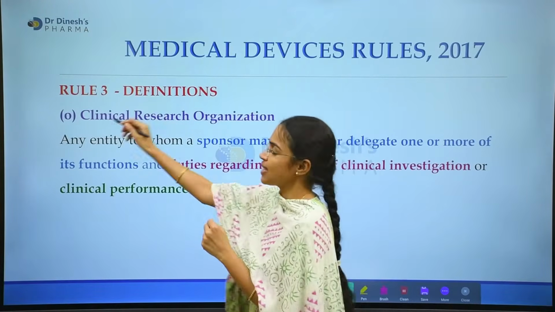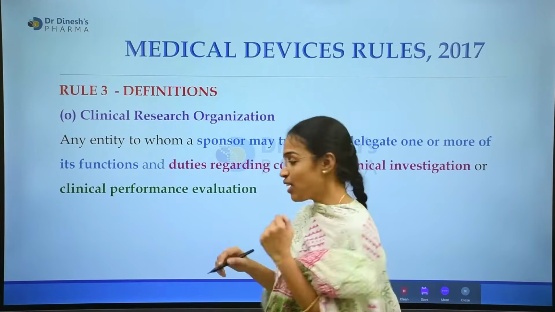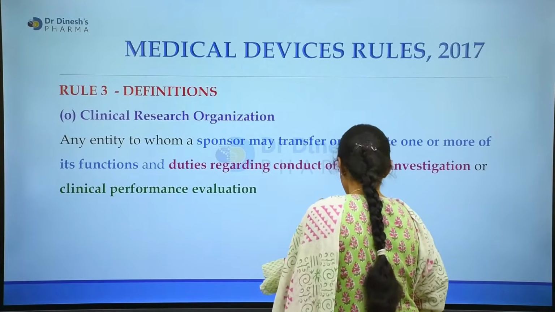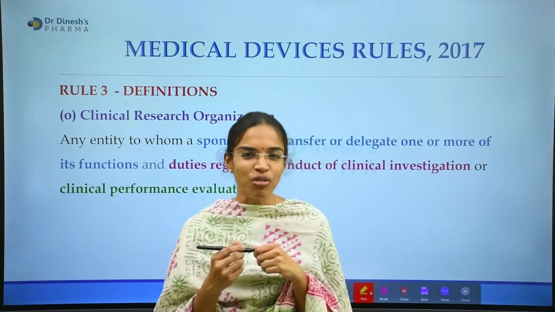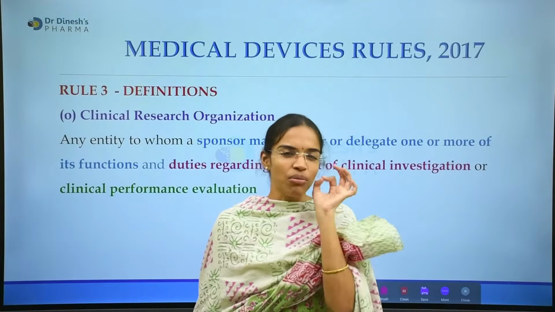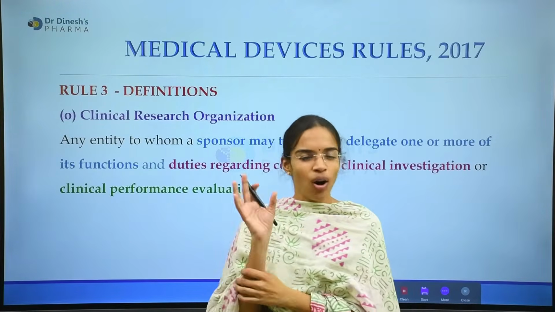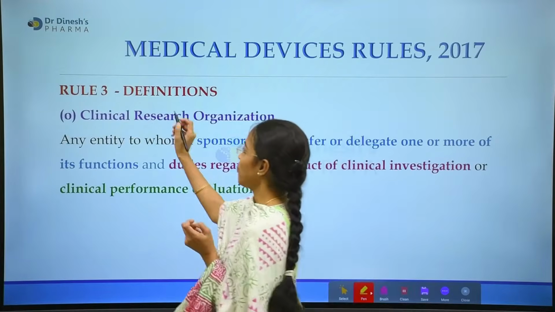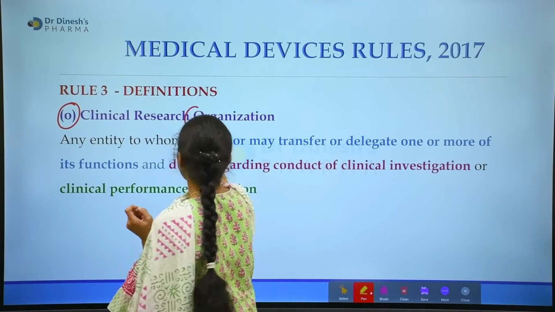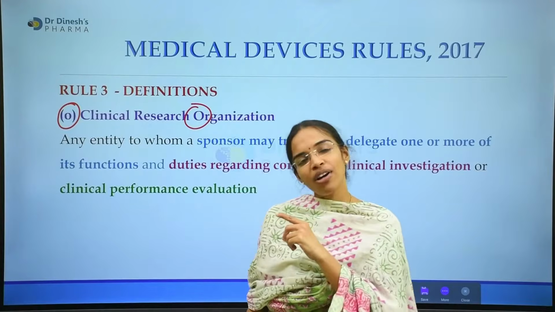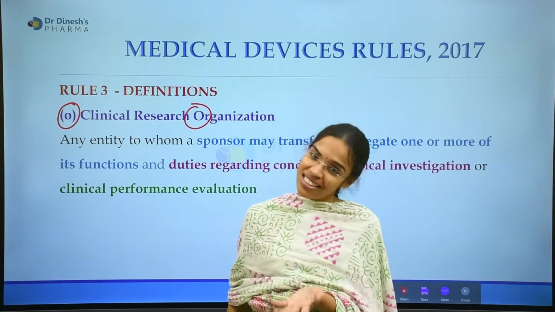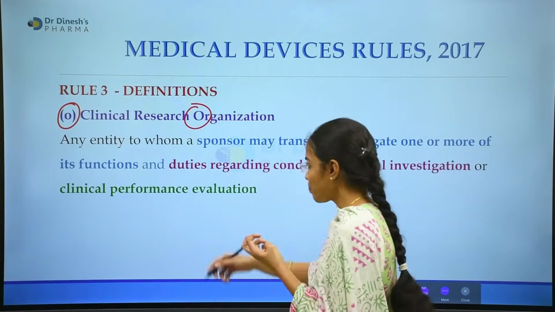Organization for O. Please remember, as in the previous sessions, we have to remember certain points with some marks or mnemonics. 3O is for organization, which is a clinical research organization.